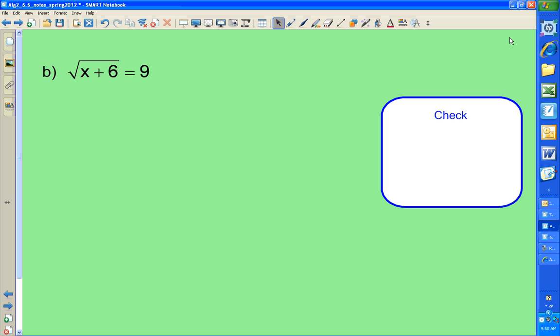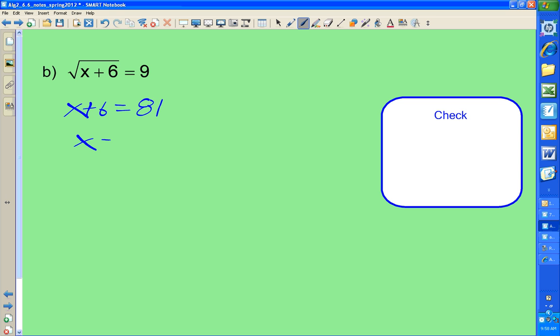Okay, so what did you get for x? 75? Really? Wow. Okay, so what do we do first on this one? Square both sides. So x plus 6 equals 81. Be careful. Make sure you're squaring, not doubling.